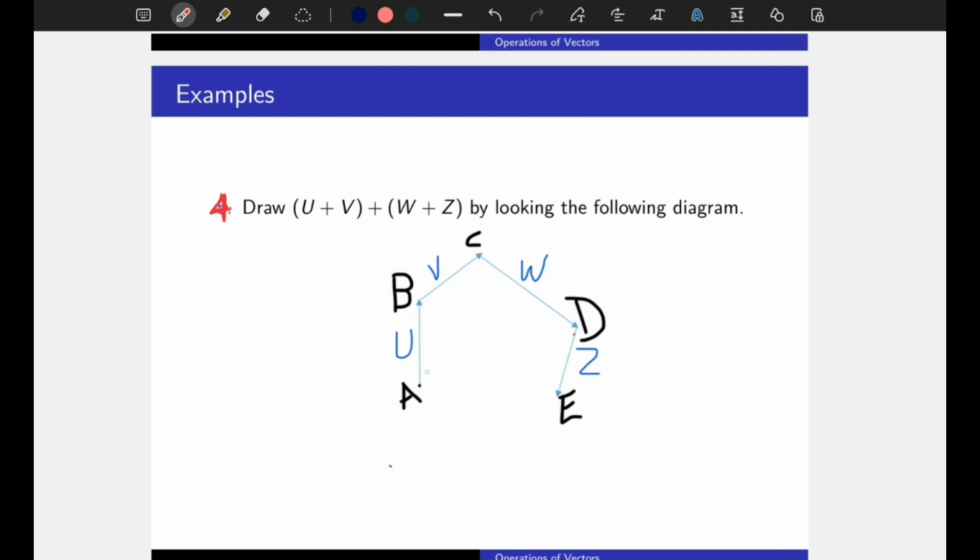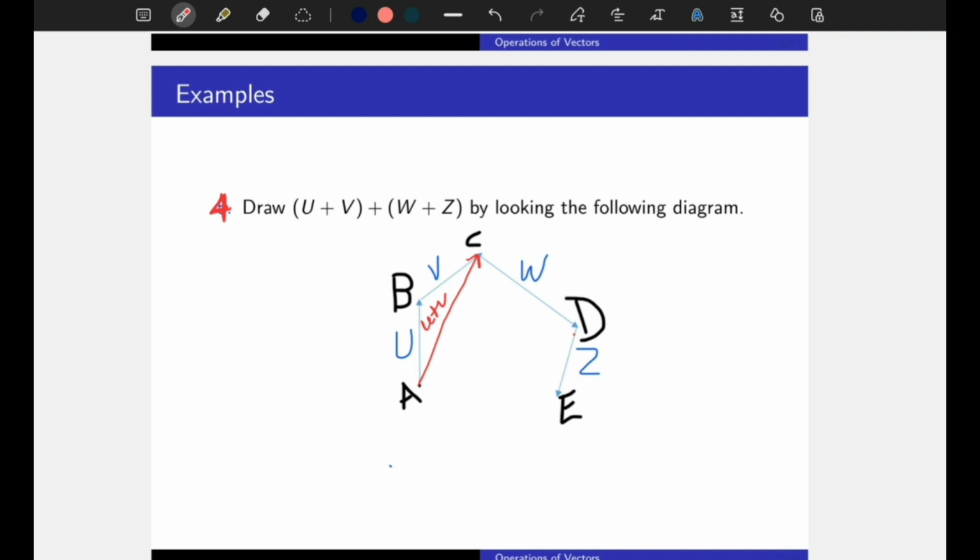So the sum of the two vectors is here. The head of u is the tail of the second vector v. So using the triangular law, we can have this sum, which is u plus v.